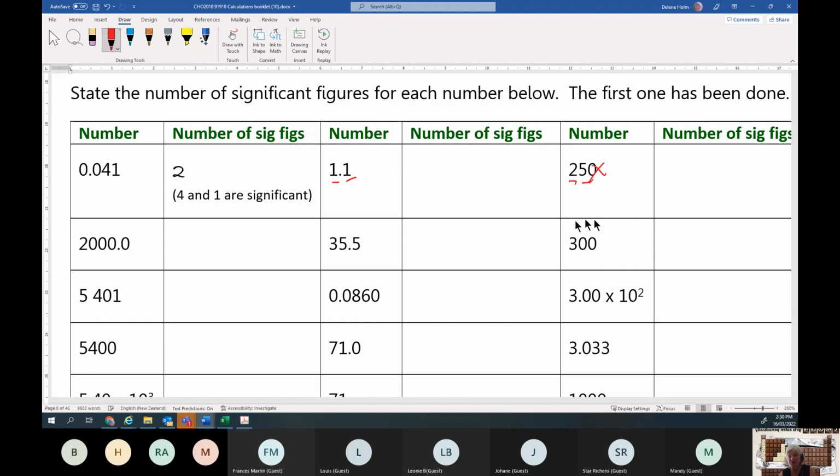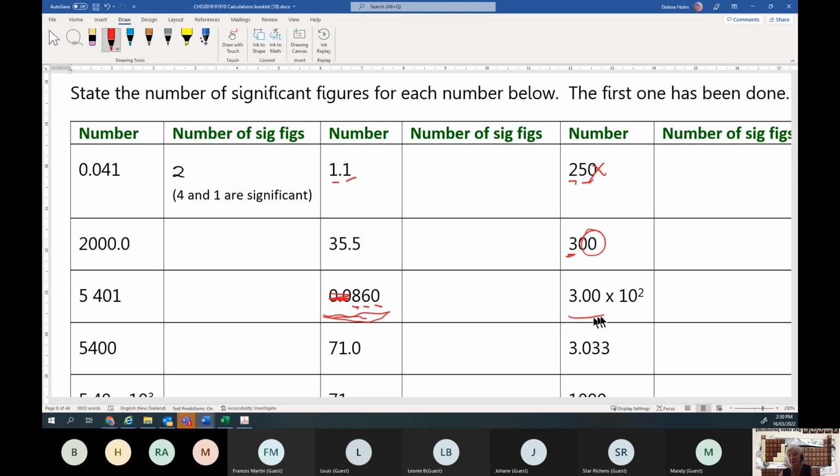What about 300? 1, correct, because that's significant, but because there's no decimal point, those are not significant. How about this one, which is 0.0860? 3, correct. That's significant, that's significant, that's significant. These are not significant. Numbers before a non-zero number are not significant.